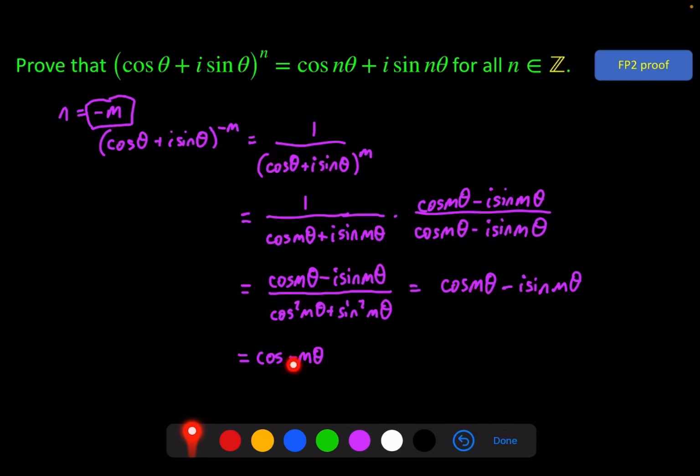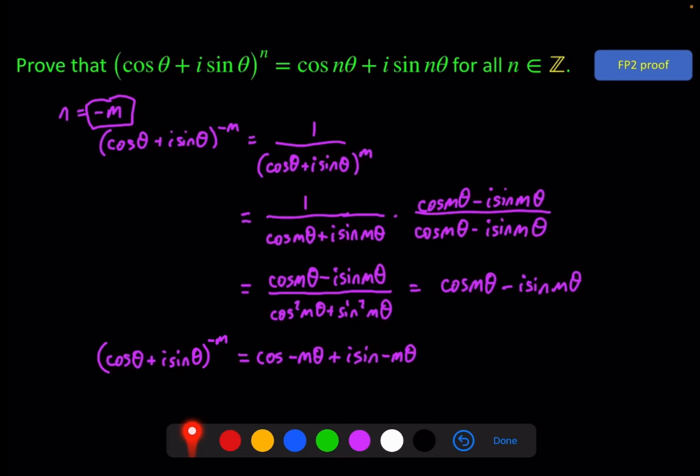So while this can just change to that, in order to change it on the sign, this becomes a plus. And this now is the proof complete. So this is the proof complete for negative integers. We've already shown positive and 0, so now we have shown that this is true for all integers.